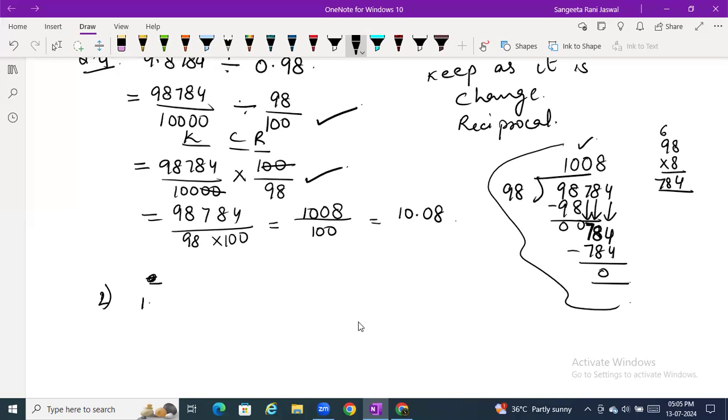Okay, take the number 1.3325 divided by 2.5. Okay, your first step will be to convert both the numbers to fraction form. Right? Please do.